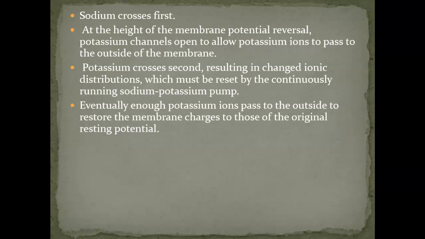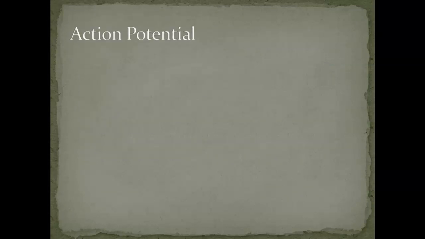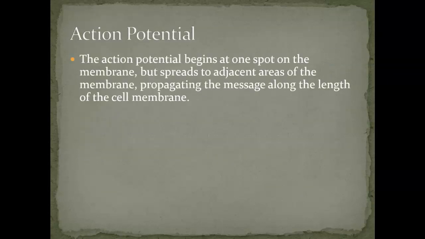Okay, so now that sodium potassium pump is constantly running, and it resets this charge fairly quickly. Now on a membrane, where the action potential starts, it moves out. It can't go back because of that refractory period. So once you have it generated in one area, it moves out in all directions.